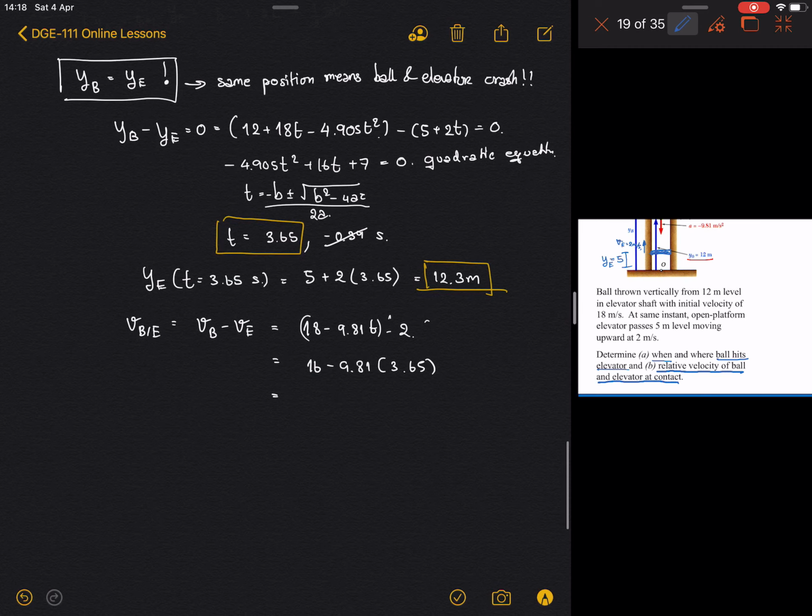And then this equal to minus 19.81 meters per second.